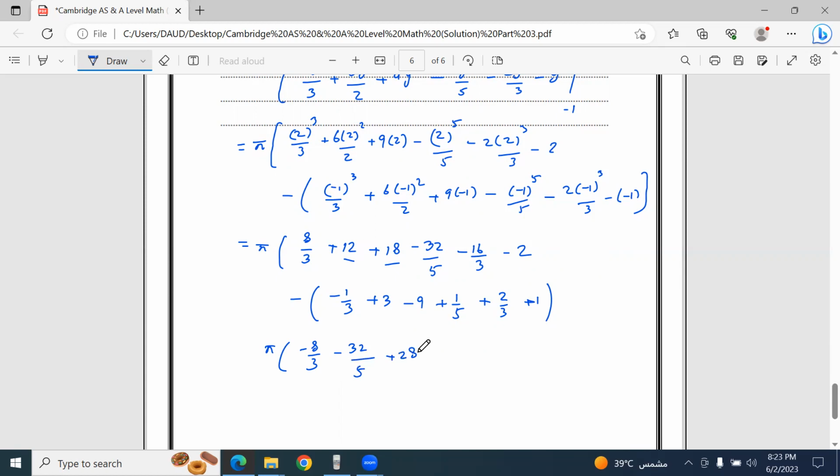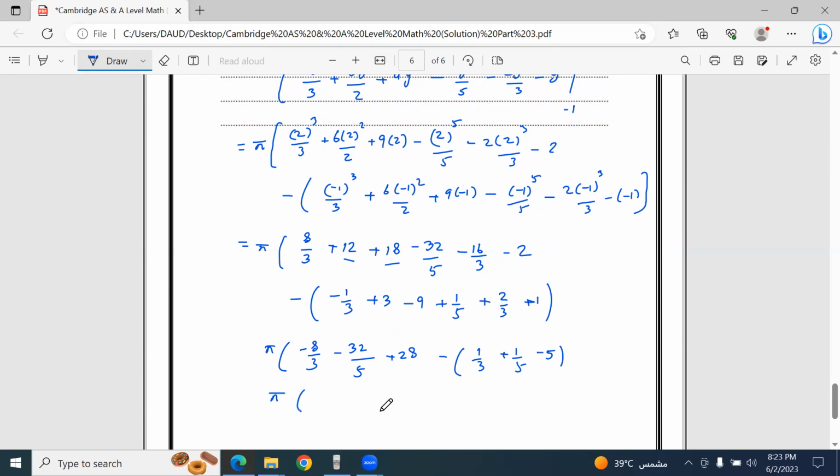And here if we simplify, we have plus 1 over 3 plus 2 over 3 gives us 1 over 3, plus 1 over 5, and 3 plus 1 is 4. We can subtract from 9, that gives us minus 5.